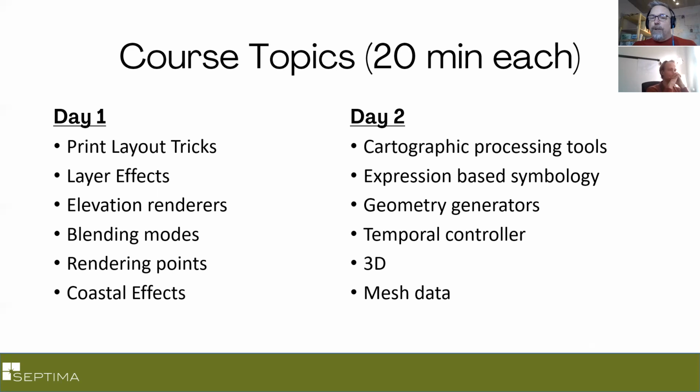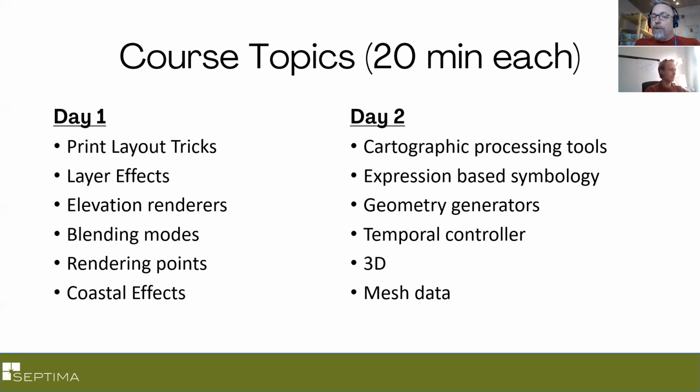And that will tie into geometry generators, which is a way to use an expression to transmute or change the geometry and the rendering of data. Quite powerful. And then we'll finish up the second day with 3 different ways to animate data in QGIS.